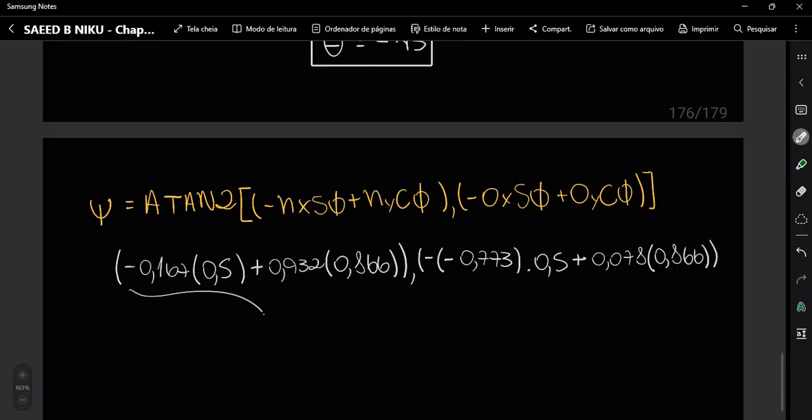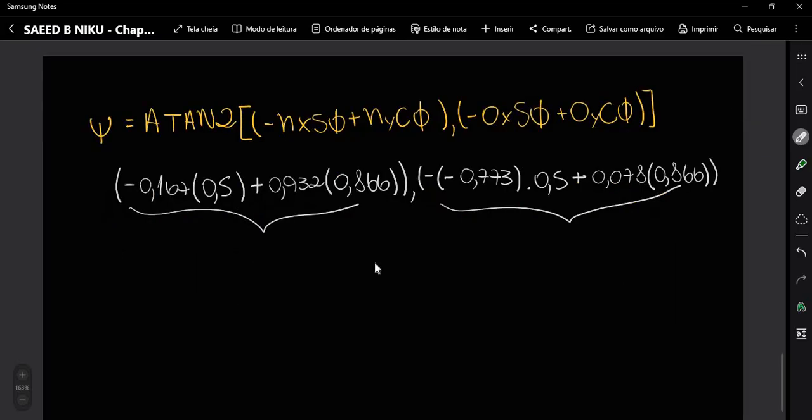Okay. So for this first pair, we got 0.724. And for the second pair, we got 0.454.